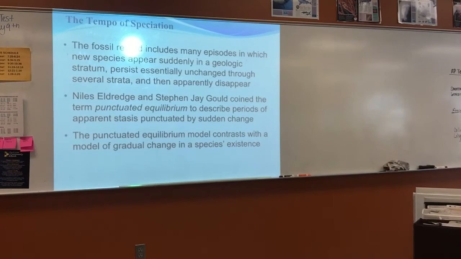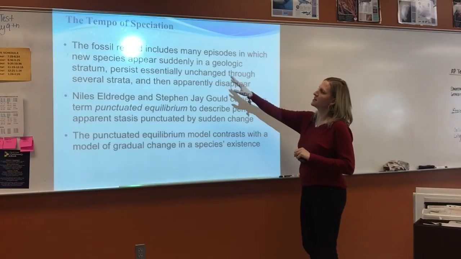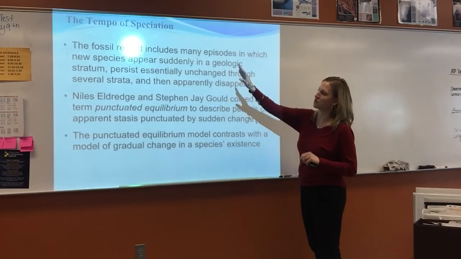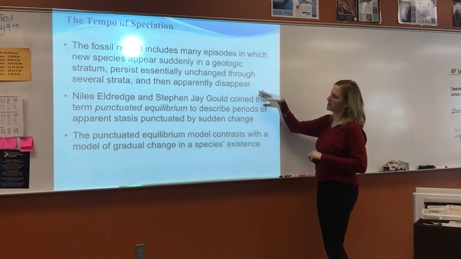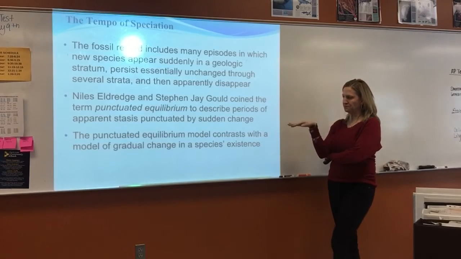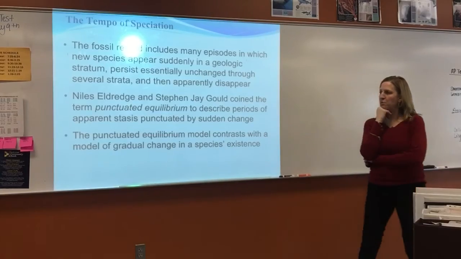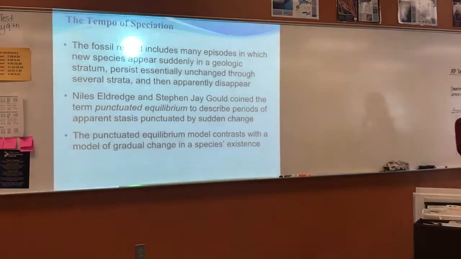or timing of speciation. So the fossil record includes many episodes in which new species appear suddenly in a geologic stratum. I'll talk about what that is in just a second. Persist essentially unchanged through several strata, and then apparently disappear. And so these two scientists, Eldredge and Gould, coined the term punctuated equilibrium.